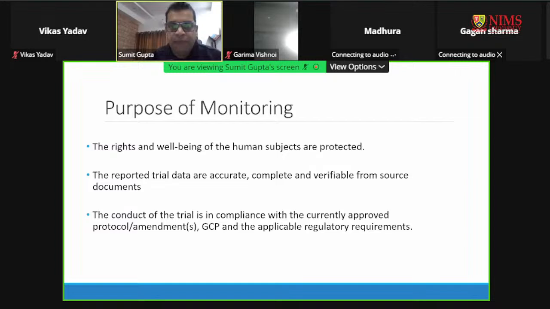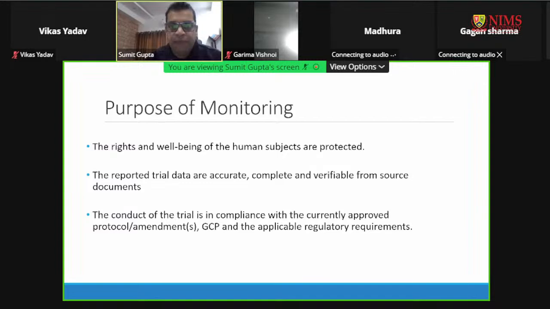Then 100% source data verification, as per the latest research, is not very effective in analyzing the risk to the study, and it's very resource intensive. The CRA has to visit every corner of the country, every corner of the world, so a lot of resources are required in terms of manpower and finances.